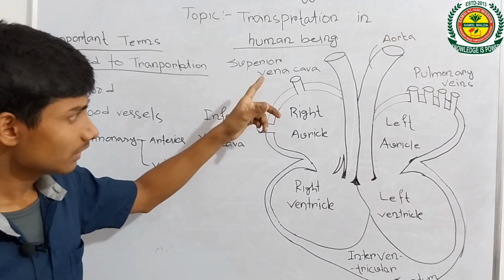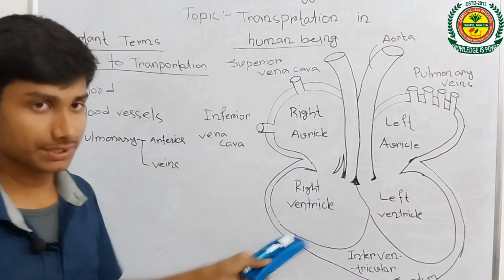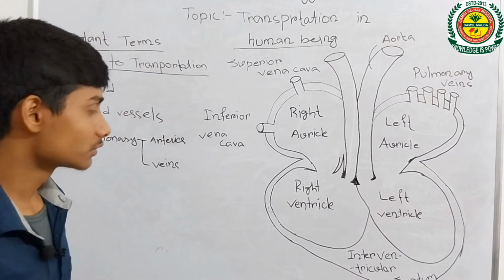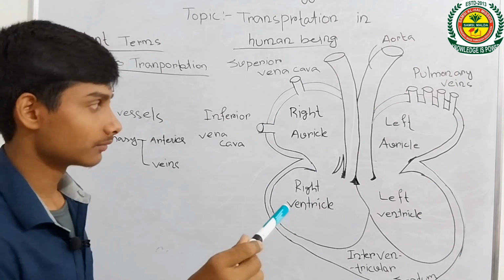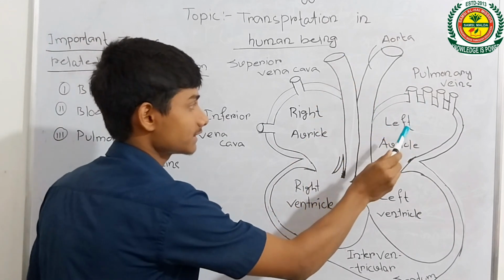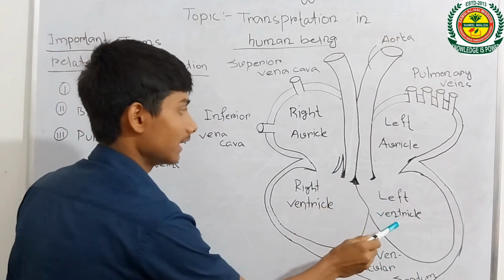Now we come to the point of why this circulation is known as double circulation. As I have said, oxygenated blood from the lungs comes to the left auricle, then goes to the left ventricle.